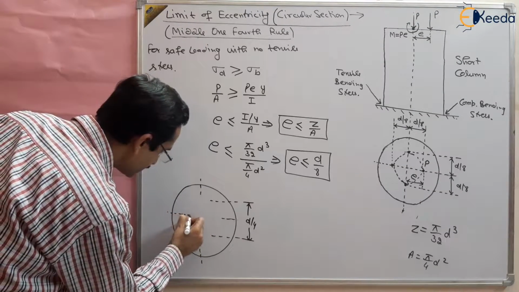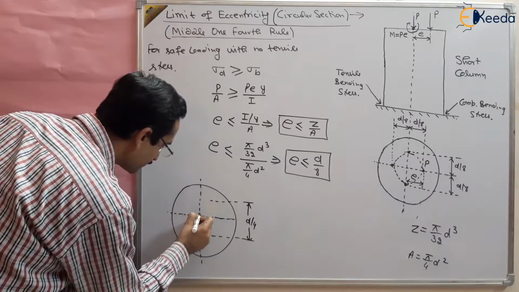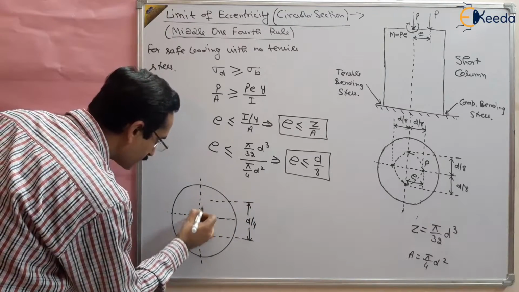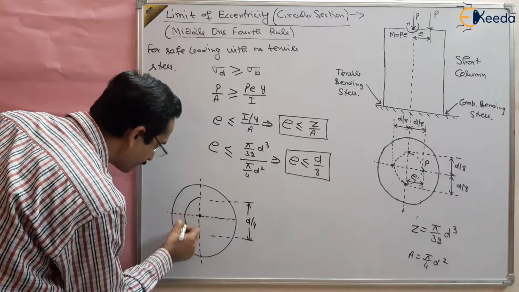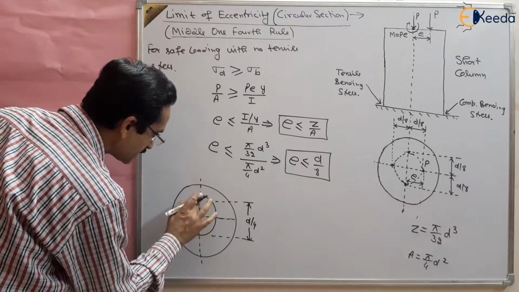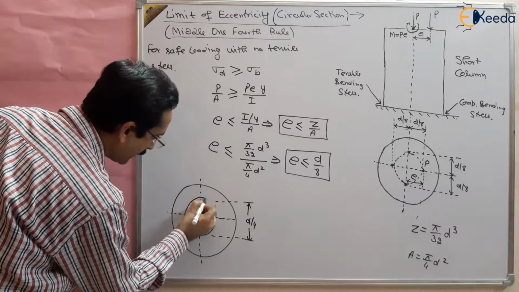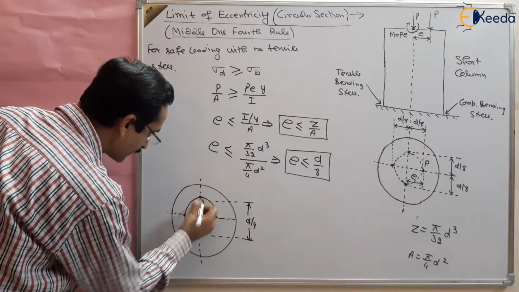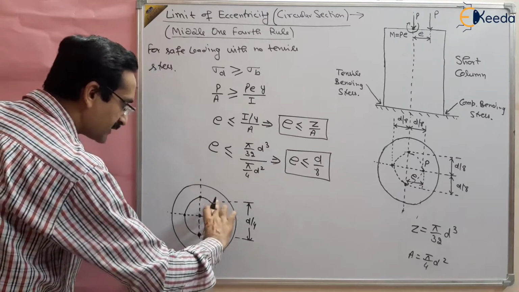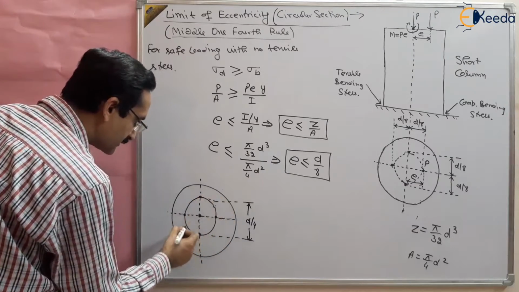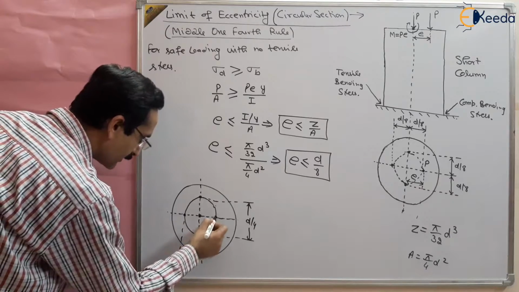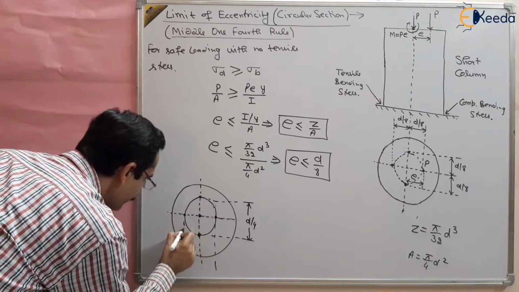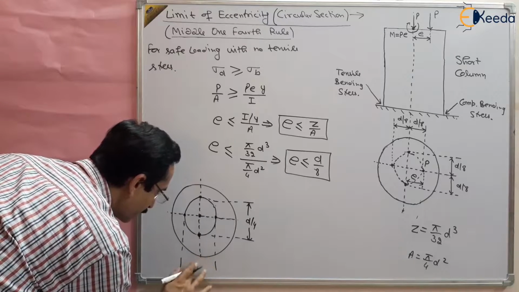This is basically a circular zone because it has a diameter of d by 4, right? So this is a small circle inside, which has a diameter of d by 4. Similarly on this side also, you are getting this kern of d by 4.